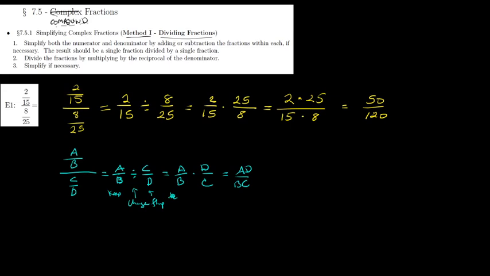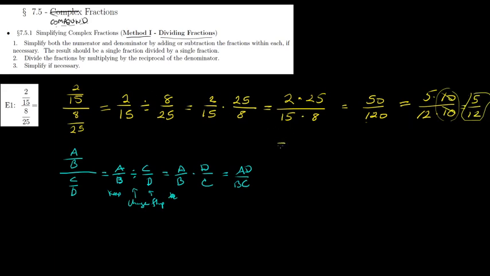But one reason why you probably don't want to do this is because this is clearly not in lowest terms, right? So how do you reduce this to its lowest terms? Well, you factor, so 50 is just 5 times 10. And 120 is 12 times 10. So you get your common factor of 10, you can cancel those, and you end up with 5 over 12. And that's the answer, right?